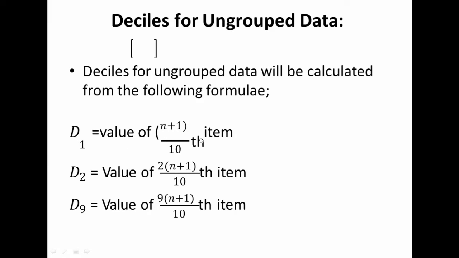For example, this represents a position, this also represents some position. So putting the number of terms in this formula, you will get the positions, and then according to the positions pick the values of D1, D2, and D3. D1, D2, D3, D4 actually represent values, and these values divide the data into 10 equal parts.